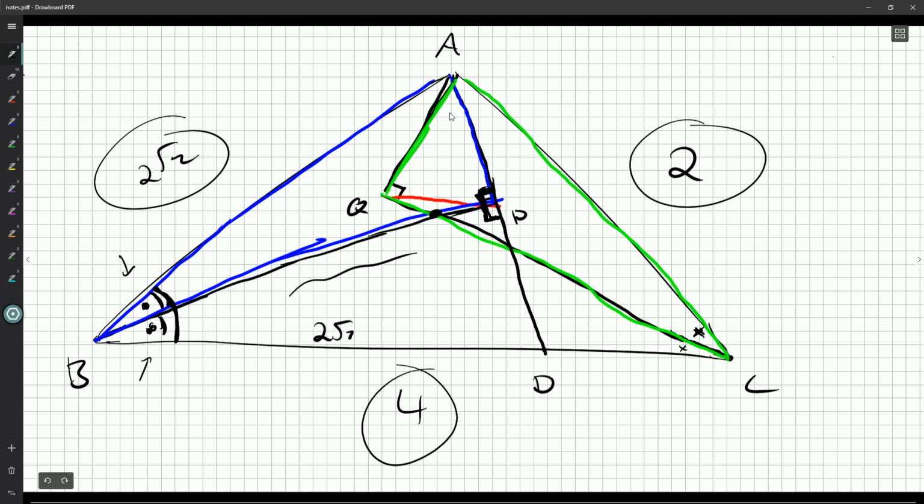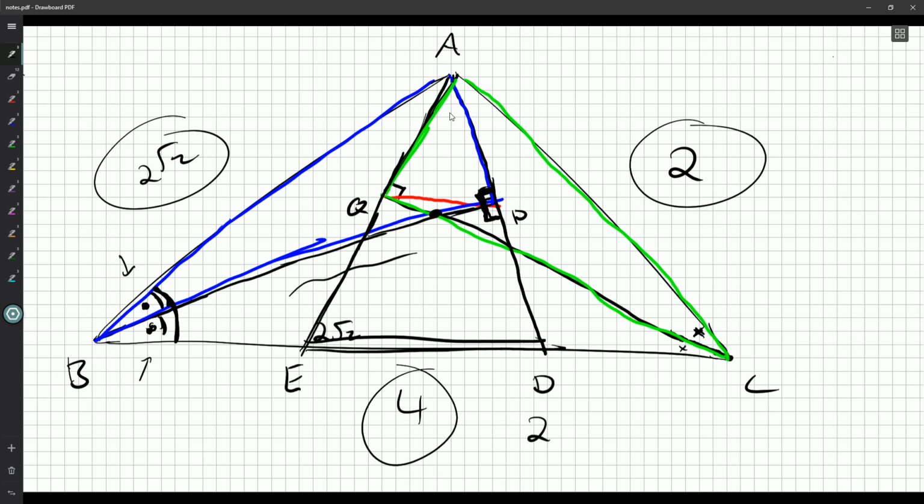So that would make this 2 root 2 here. And you get a 2 here. Now, obviously, you got this little bit of an overlap. Call this E, I guess. Then PQ.